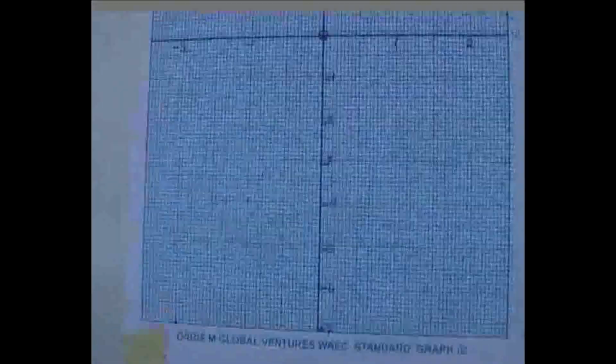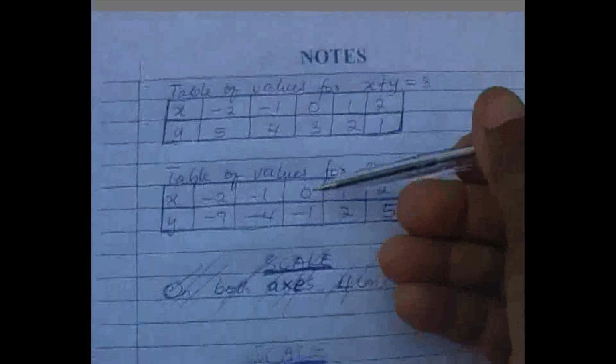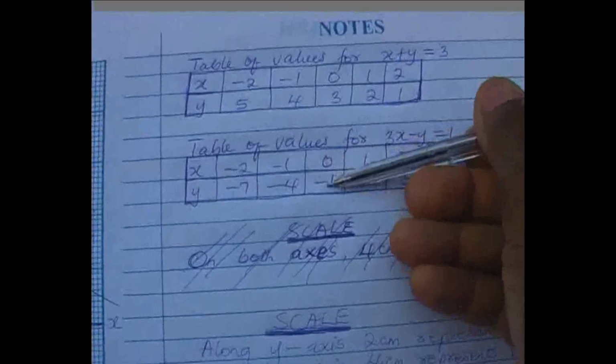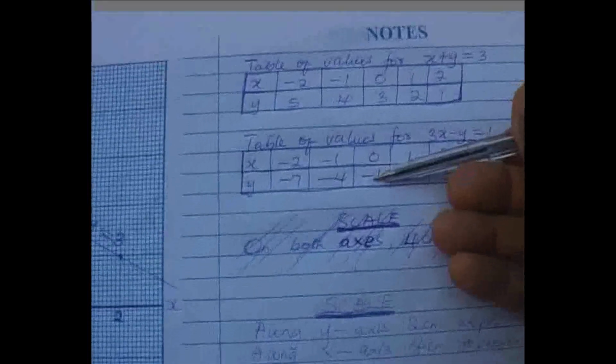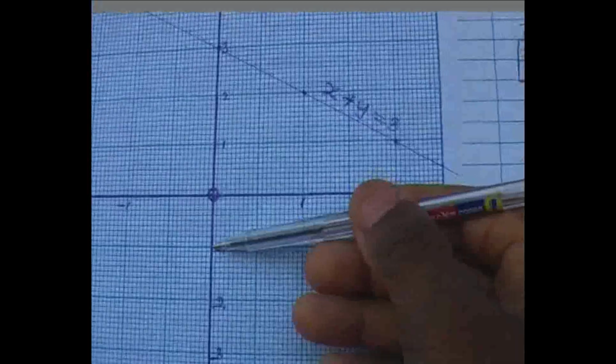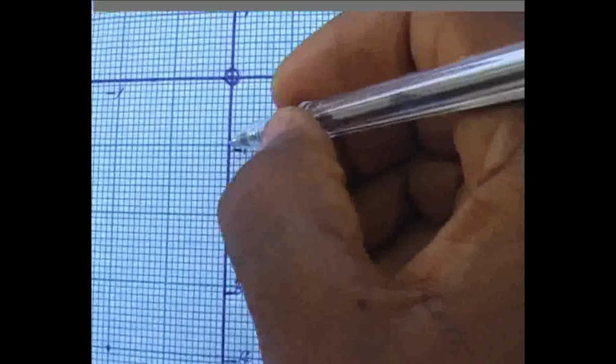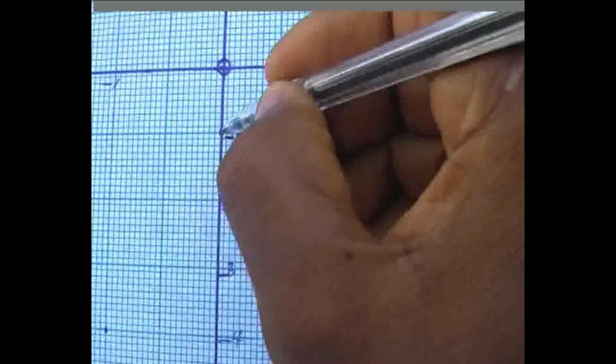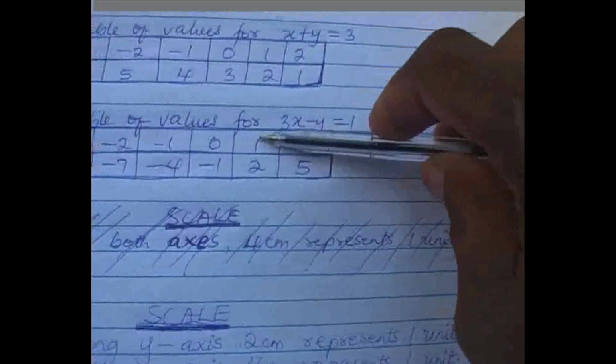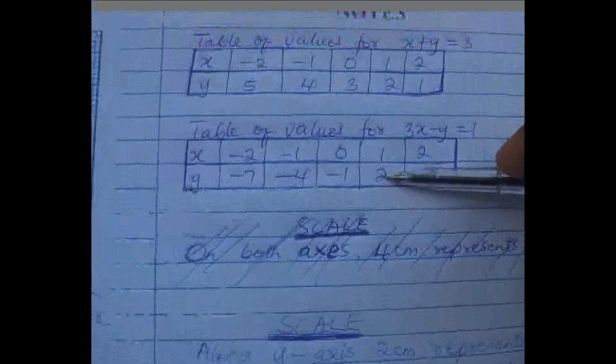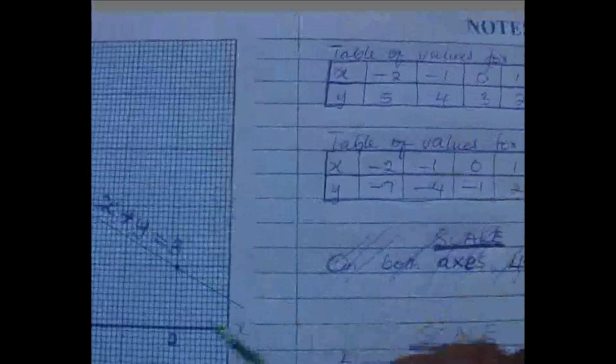That's the second plotting now. The third, go to the table of values, 0 for value of x and -1 for value of y. This is 0, value of x, and this is -1, value of y. So the next point is going to be here. Okay. The next is 1, value of x, and 2, the value of y. So go to where you have 1 as value of x.